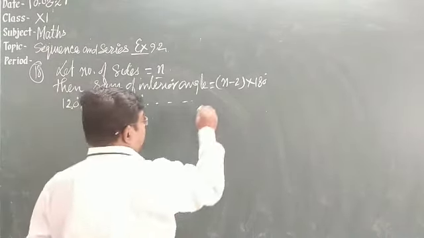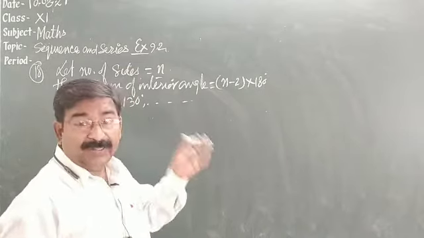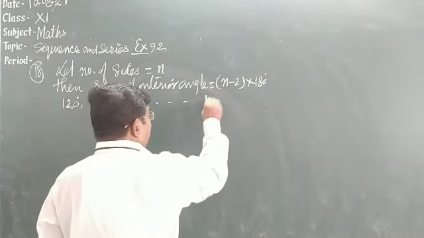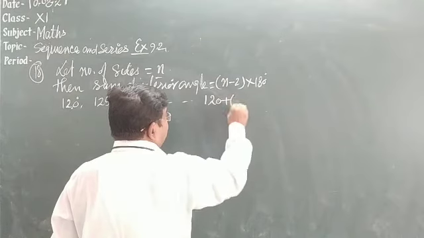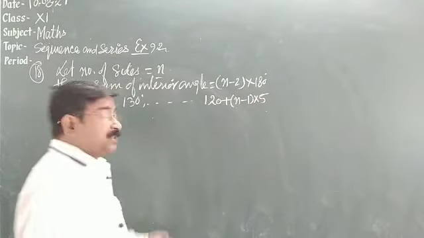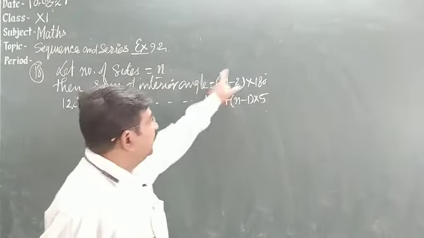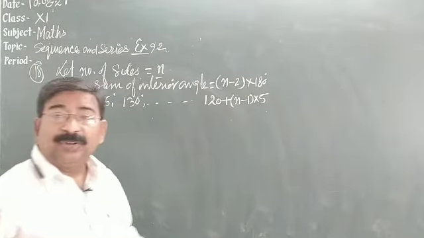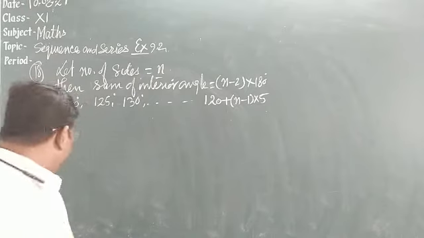The last angle is a plus (n minus 1) into d, that is the nth term. So it is 120 plus (n minus 1) into 5. So the sum of all these terms is this much. So it is an AP. Find the sum of the AP.